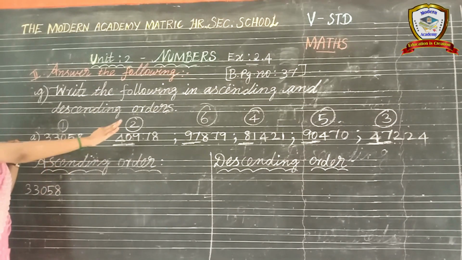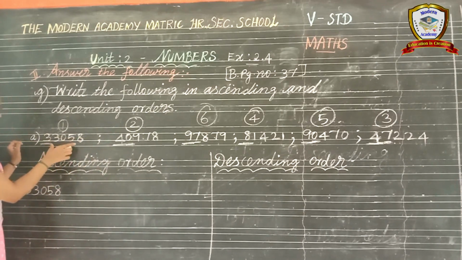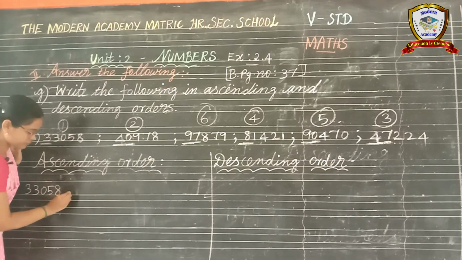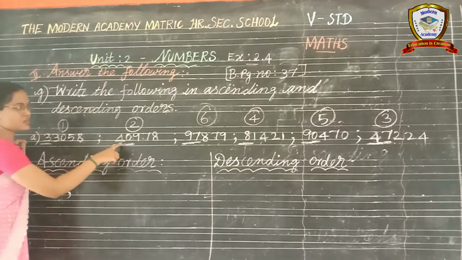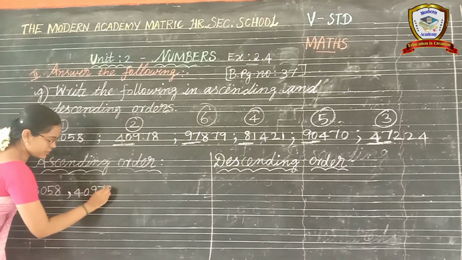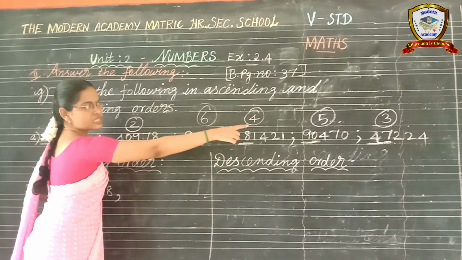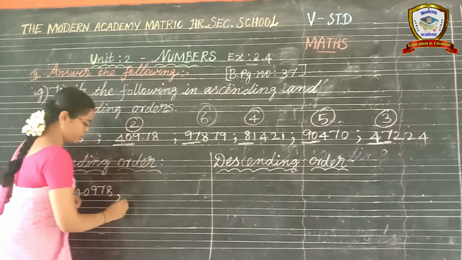Okay, now we can arrange the numbers from smaller to bigger. Now we get the answer. First number is 33,058. Okay, put a comma. Next number is 40,978. Third number is 47,224.